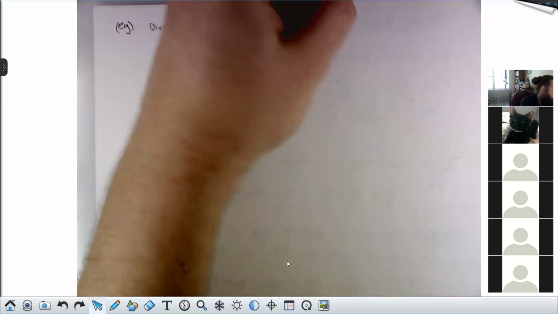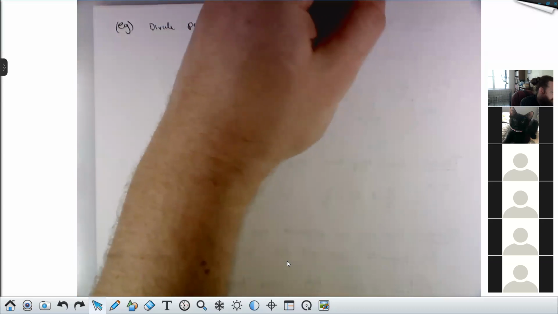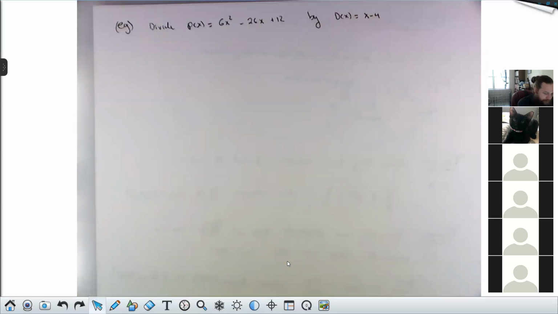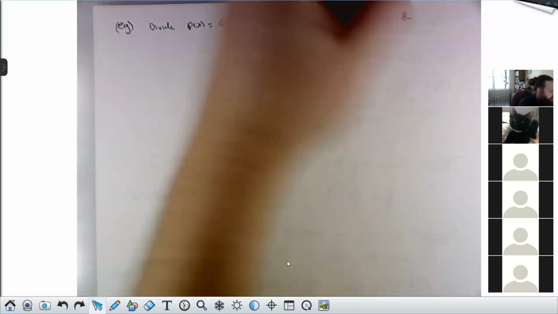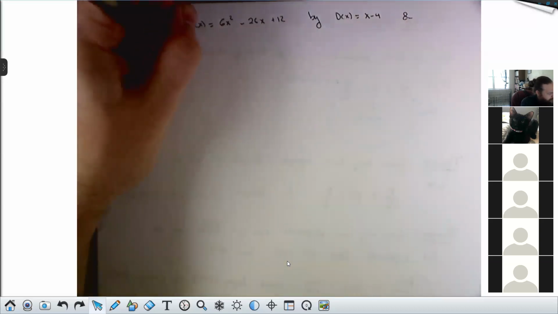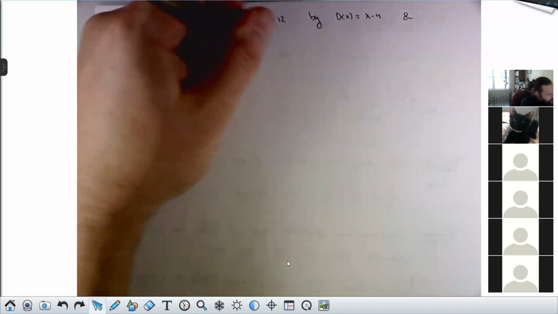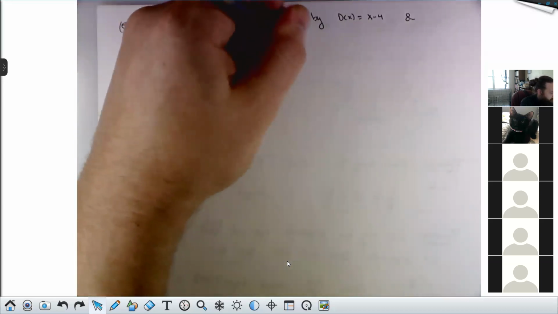Divide p of x equals 6x squared minus 26x plus 12 by d of x equals x minus 4. And write the result in the form p over d equals q plus r over d.